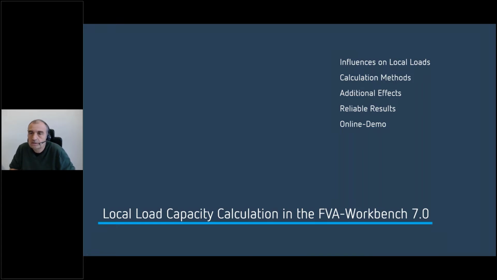Then I will talk a little bit about additional effects and how reliable these results are. And half of the presentation today will be a short online demo in the new version of the Fva Workbench, which we will release tomorrow.